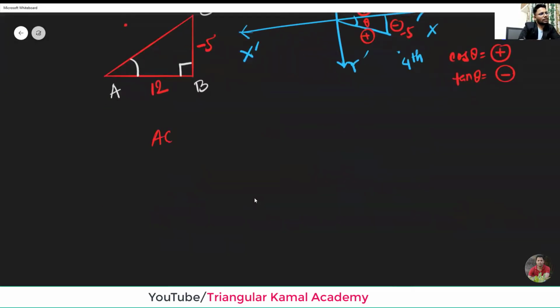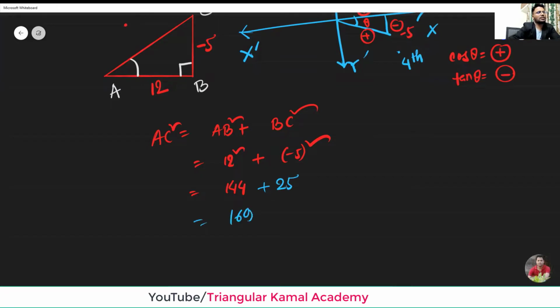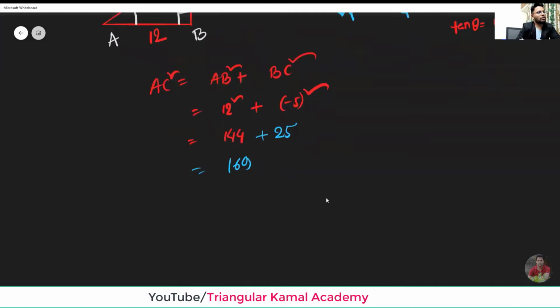AC squared equals AB squared plus BC squared. Here AB is 12 squared plus minus 5 squared: 144 plus 25, which is 169.